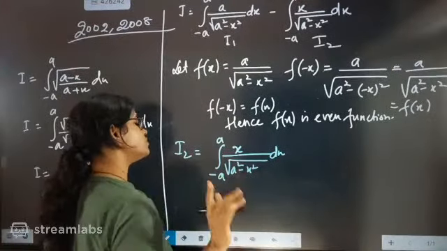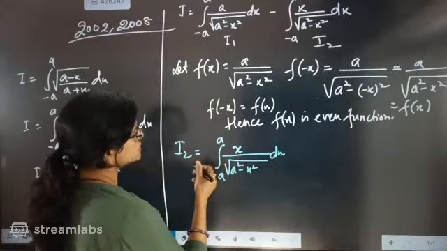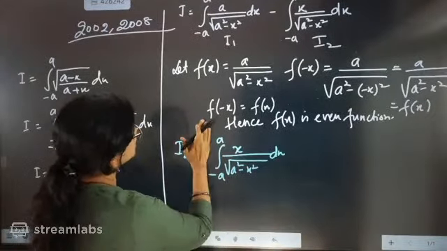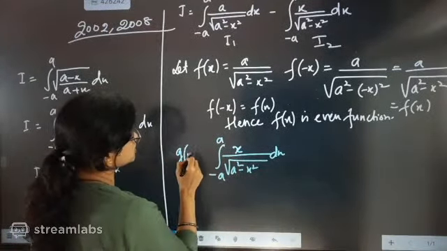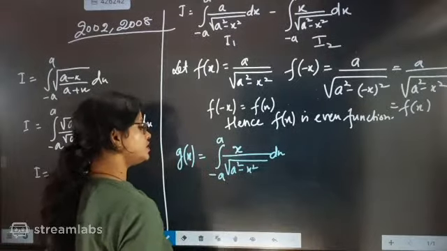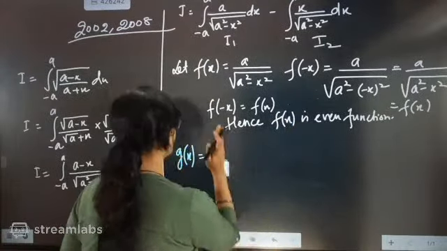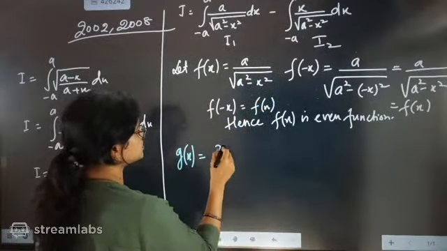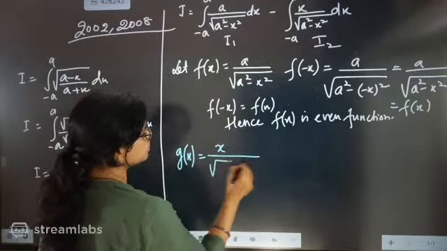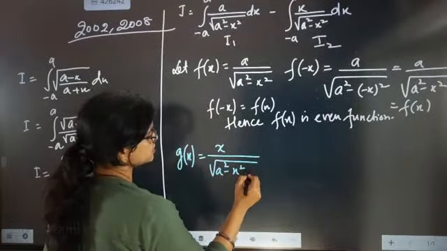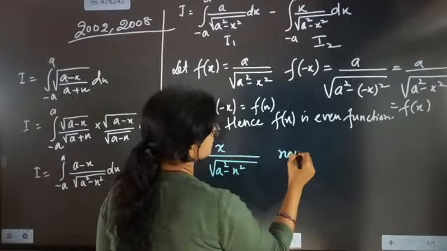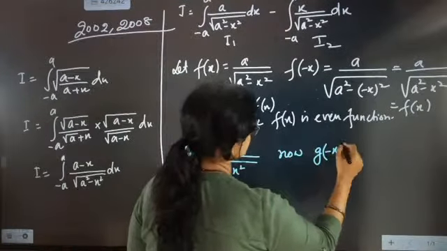Now one small work you have to do is take this I2 part I am solving and call the integrand g of x. First we take this function g of x, x by root under a square minus x square. Now we substitute g of minus x.